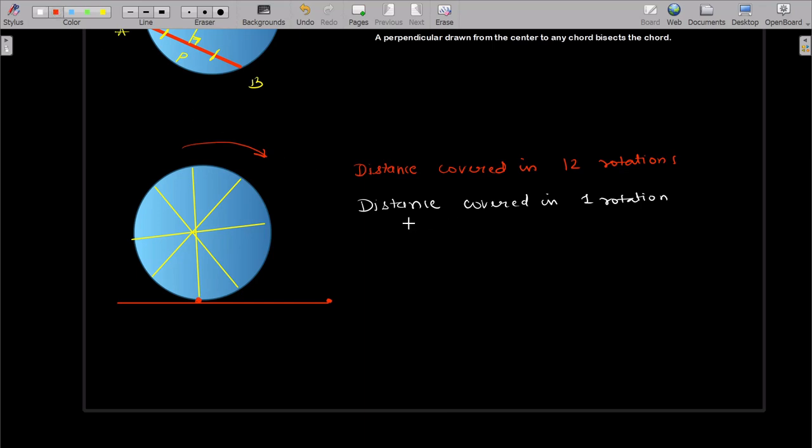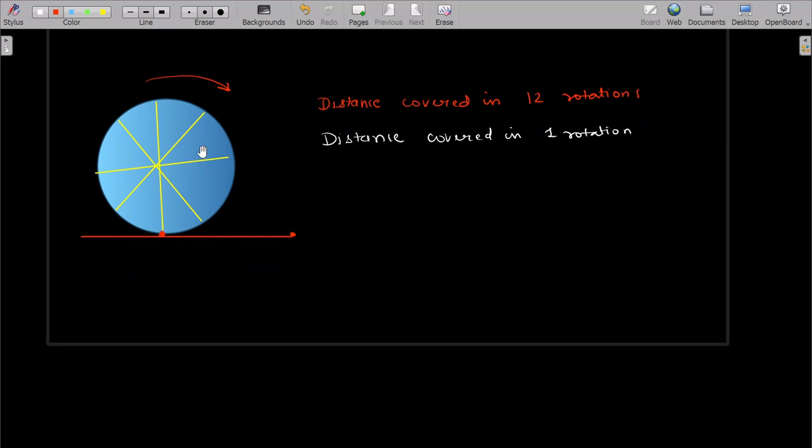So that will make one entire rotation. So it starts like this. Okay, and it will complete one full rotation. So the distance covered in one rotation will be the circumference of this wheel.